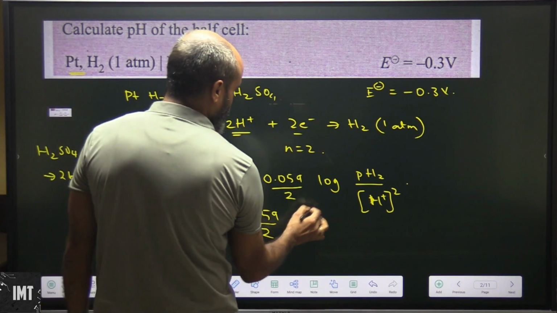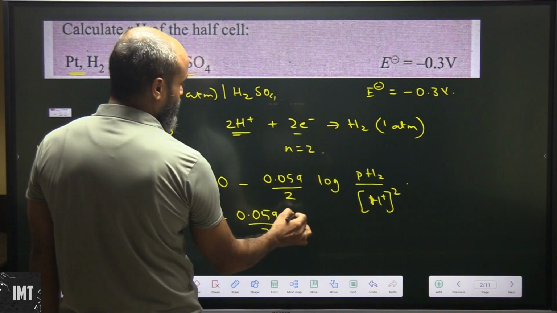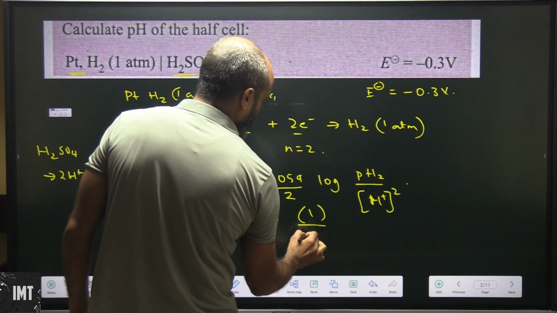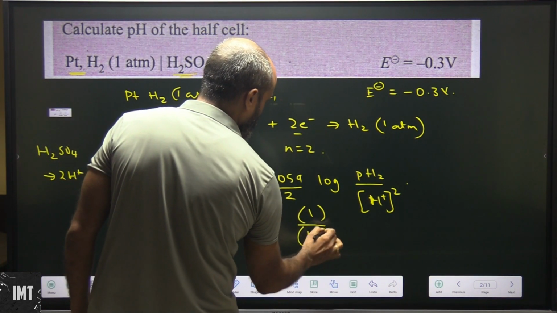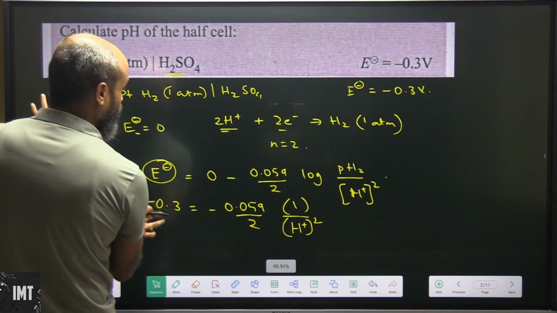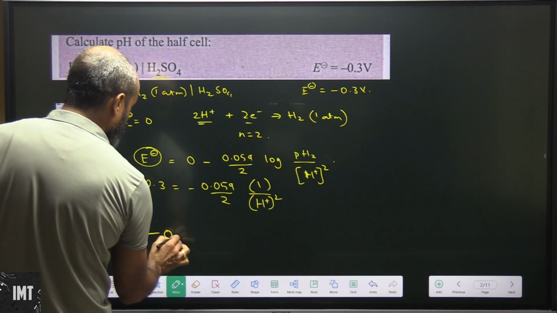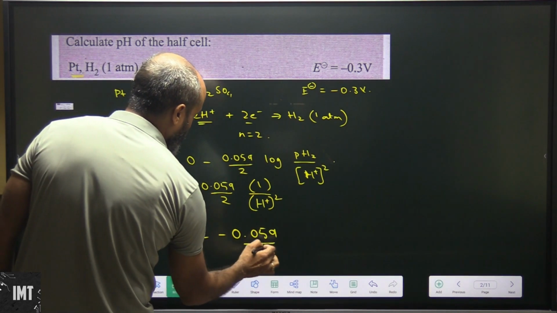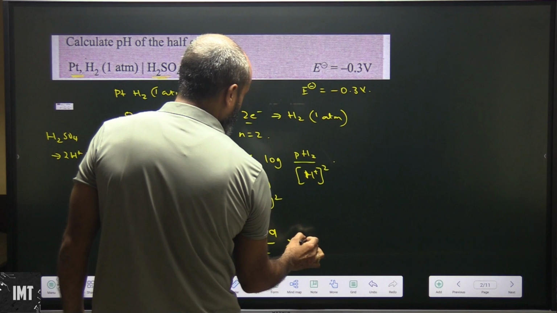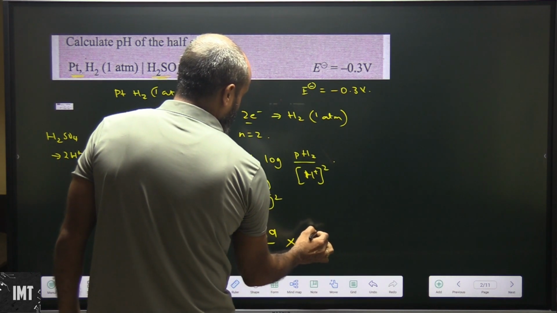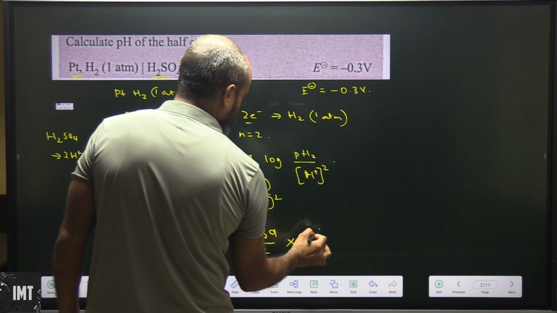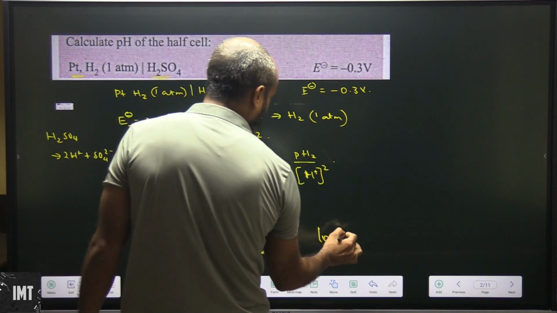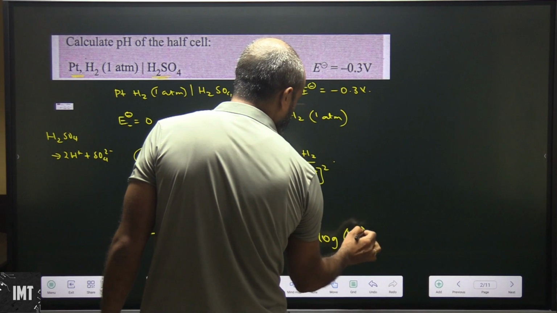The pressure of hydrogen is given as 1 atmosphere, upon H+ raised to 2. So minus 0.3 is equal to minus 0.059 by 2 into log of H+ raised to minus 2.